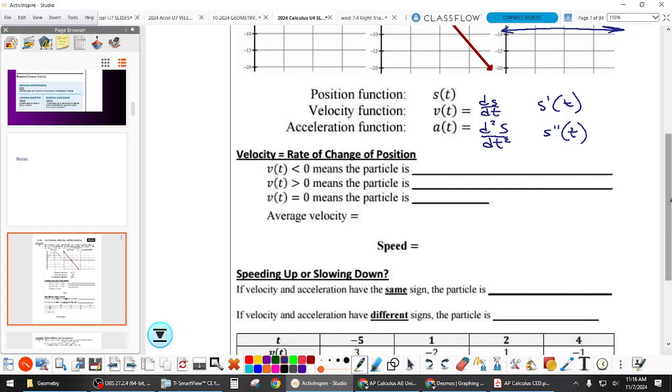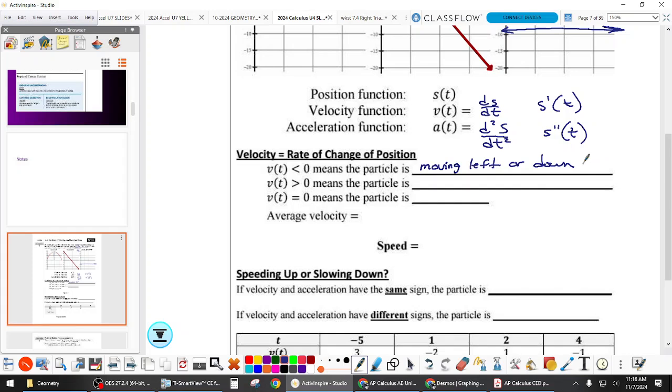We'll talk about slowing down here, and it'll make sense for sure. But if the velocity is negative, we could be going fast in the negative direction, right? So, which way is negative? Left. Yeah. So moving left, or down. And it depends.